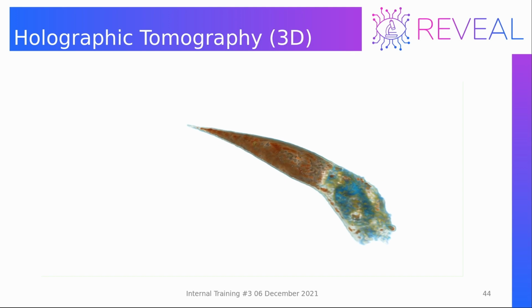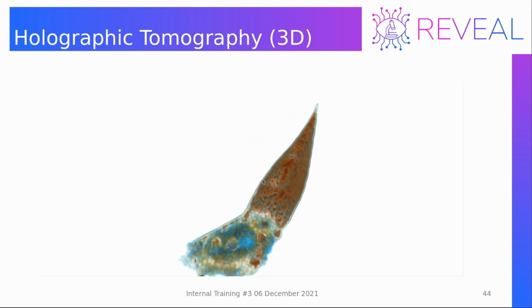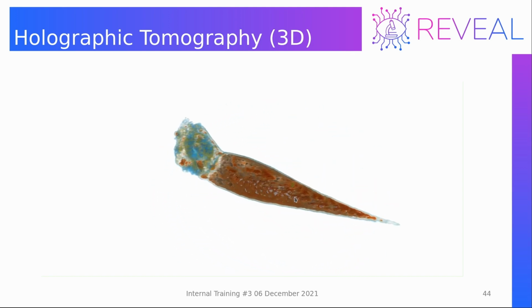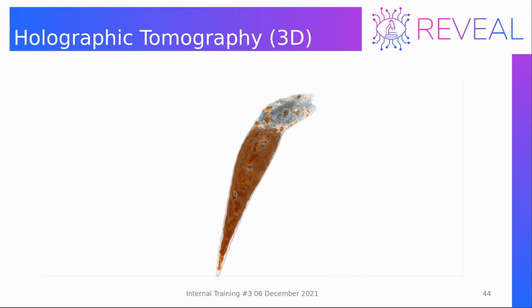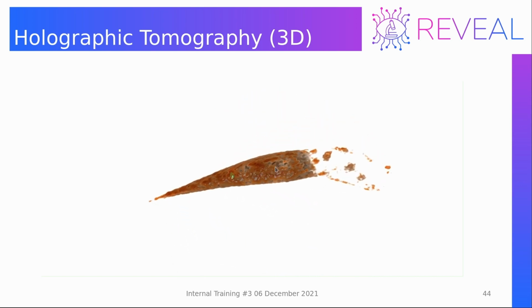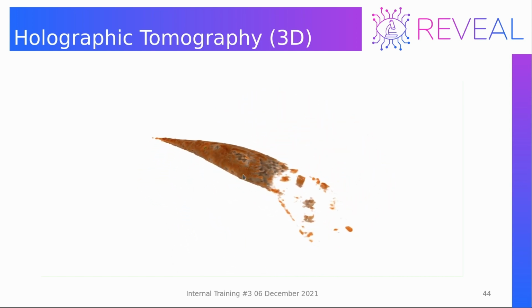So you can see that we have the cytoplasm, which is red, and we can see the different substructures in this biological cell based on the refractive index distribution.